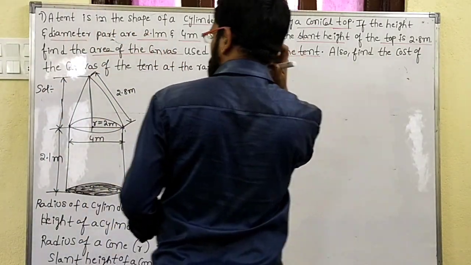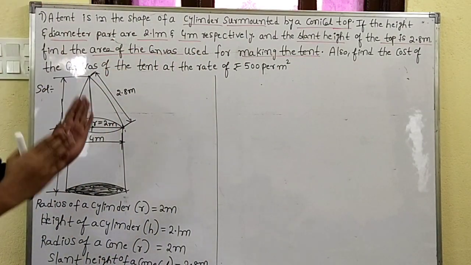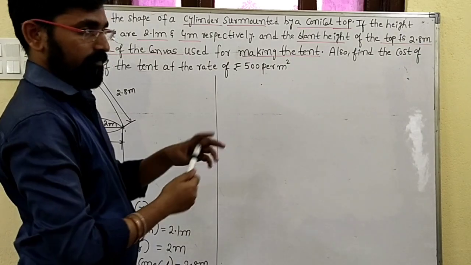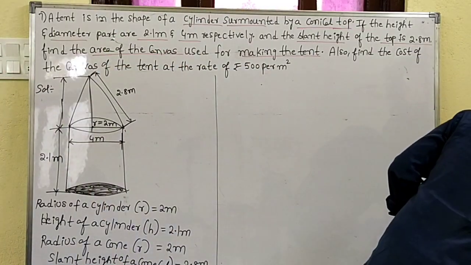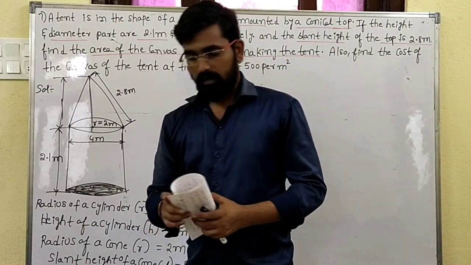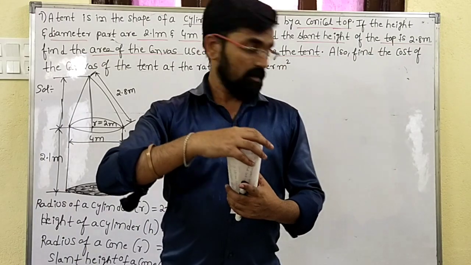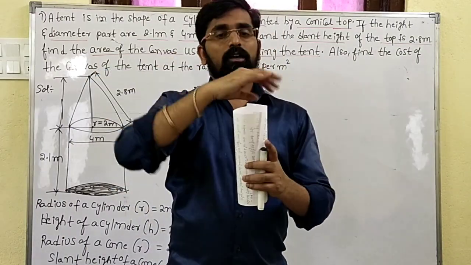Now we need to find the TSA. On the cylindrical portion, there will be a cone.